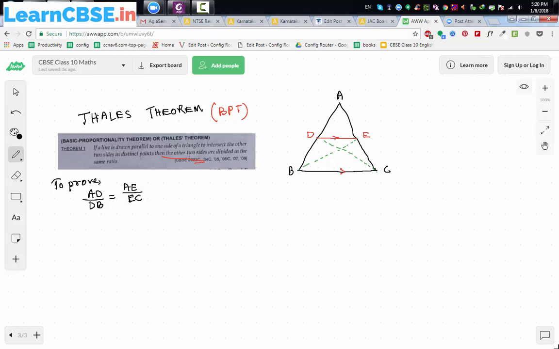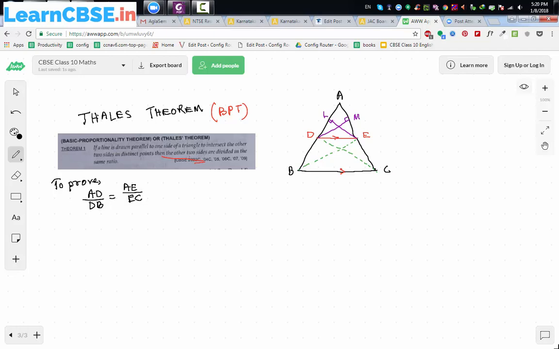Next, we should draw two perpendiculars, EL and DM, upon AB and AC. That is, I should draw two perpendiculars, DM and EL, on AB and AC. So these are the two perpendiculars drawn, EL and DM. This much is the construction.